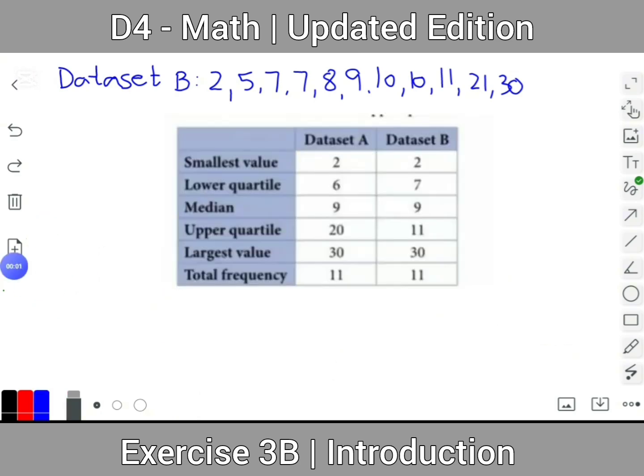From the table, we observe that the total frequency, the smallest value, the largest value, and the median are the same for both the sets of data, set A and set B. Only the lower and upper quartiles are different.